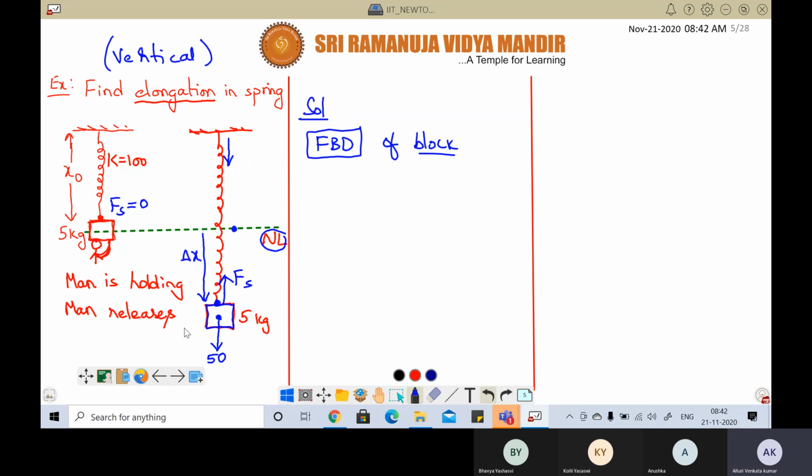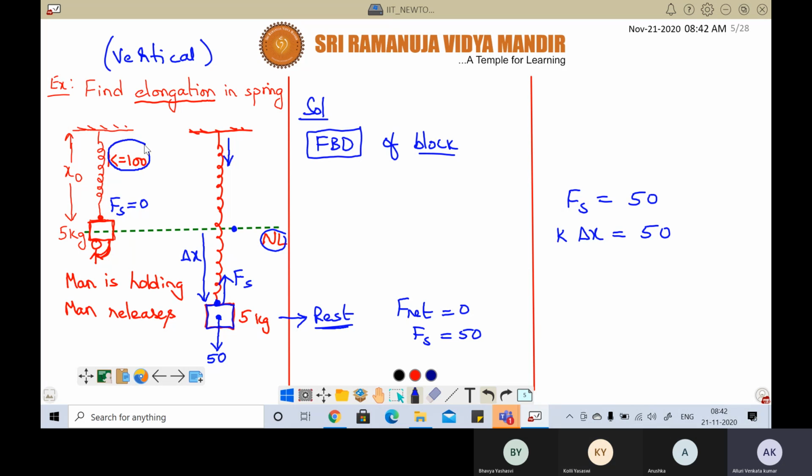Are you understanding? So now the block is at rest. So Fs is equal to 50, that's all. What is Fs? Spring force. How much? K delta x. K is given as 100. 100 delta x equal to 50.